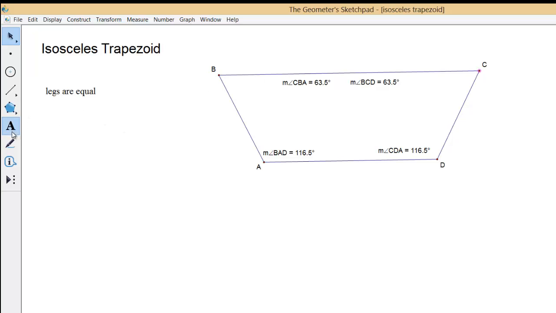So we can write then over here that base angles are congruent.